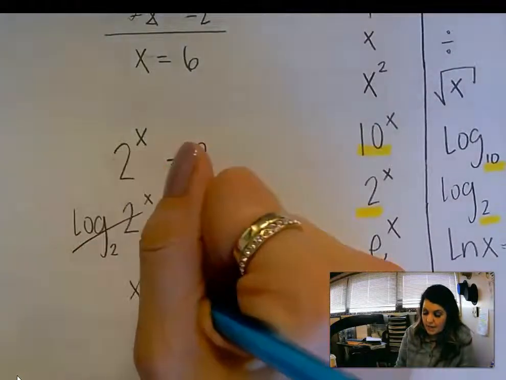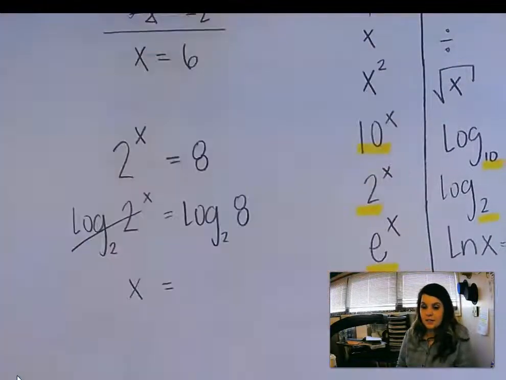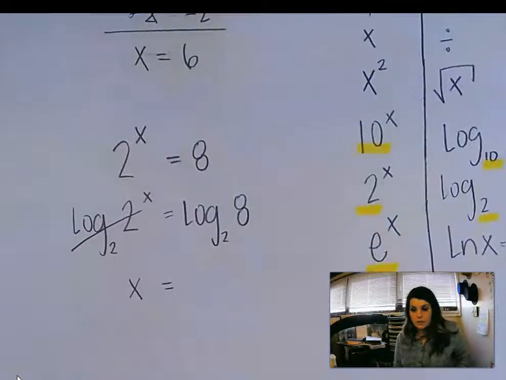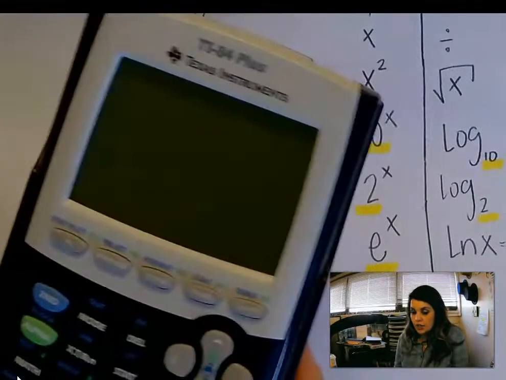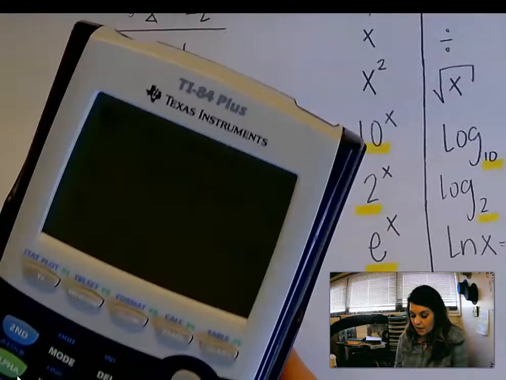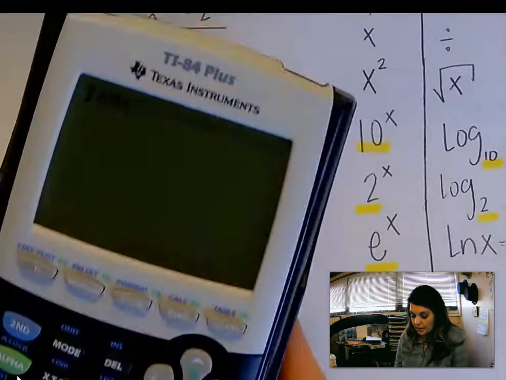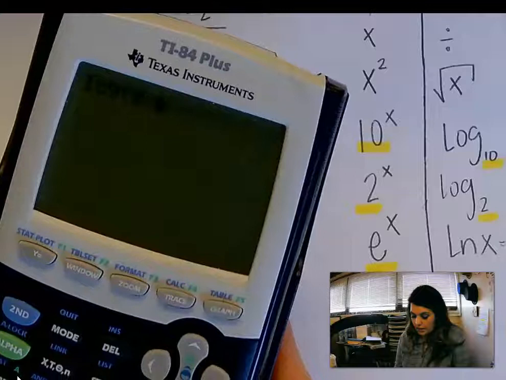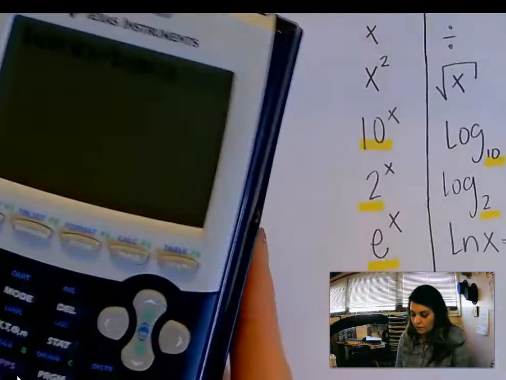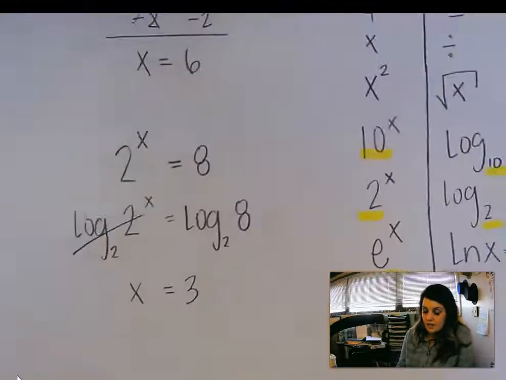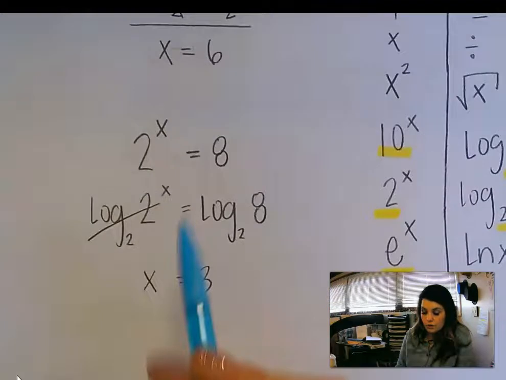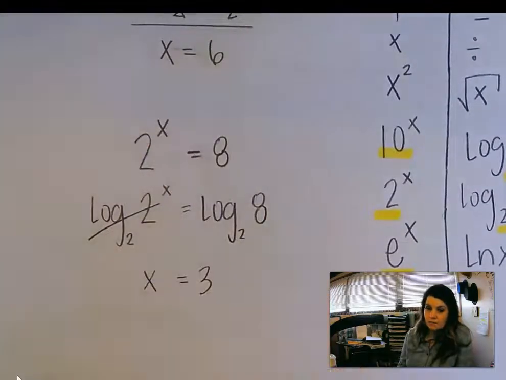And on the right-hand side, if you plug it into Desmos, or into your calculator, I'm going to use change of base form, and I'm going to do log 8 divided by log 2. My answer is 3. x is 3, because 2 to the third is 8.